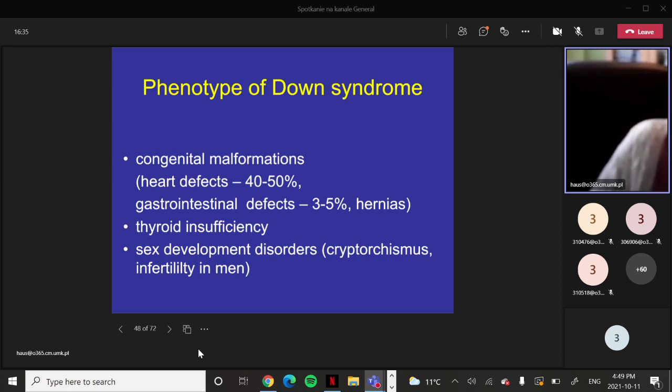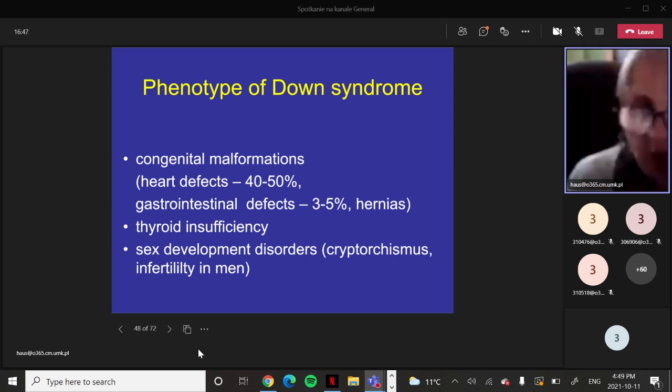Low risk. 50%, yes, of course, 50%. So this woman may have half of children with Down syndrome, half of children without Down syndrome, healthy children also. Okay.